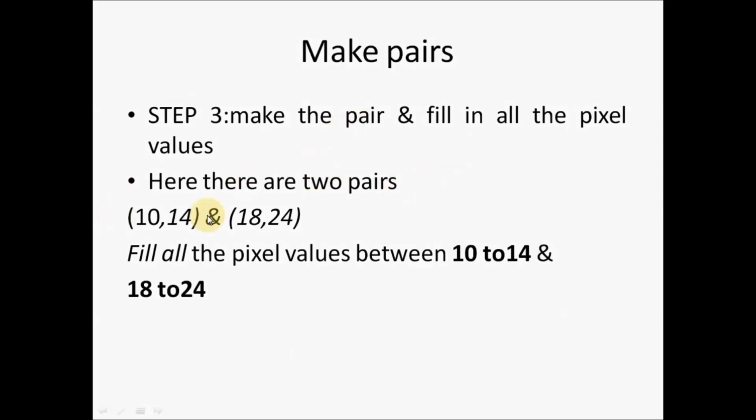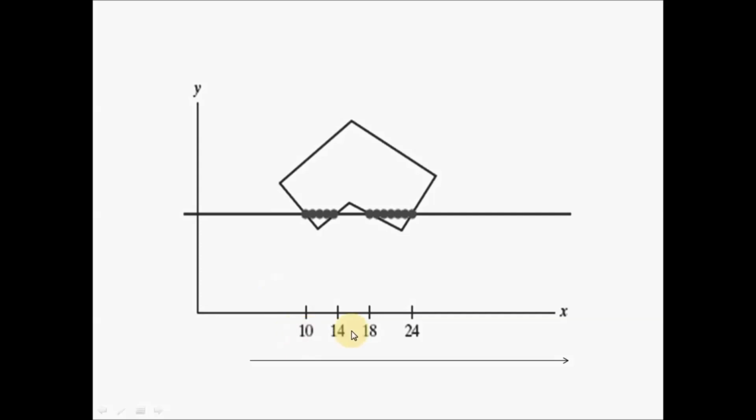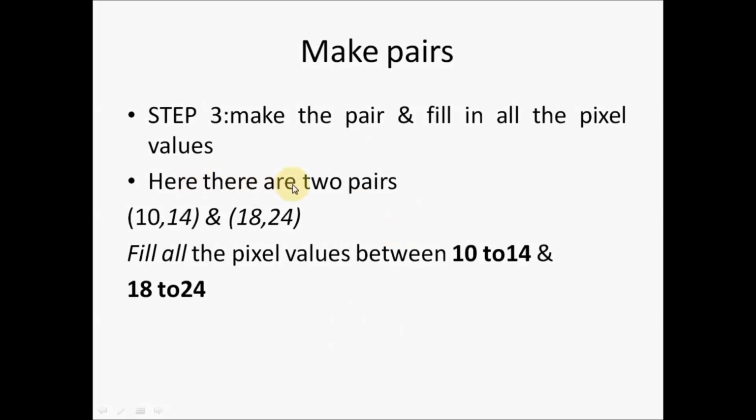How many pairs are there here? 2 pairs. The first pair is 10, 14, the second pair is 18, 24. So I made the pairs. After making the pairs, what I have to do is fill all the pixel values between 10 to 14 and 18 to 24.